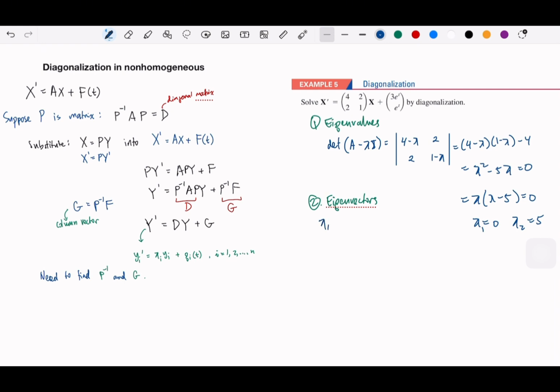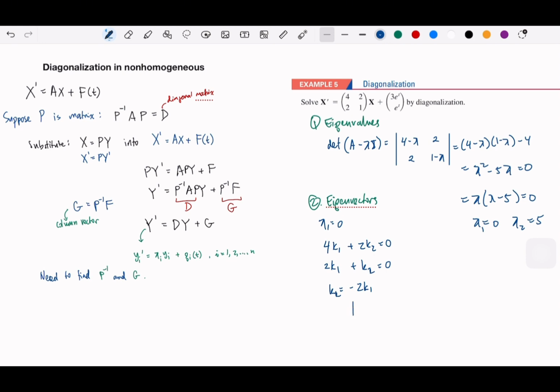So for lambda 1 equals 0, I think we can agree that this will be minus 2k1. So we can see that the ratio k1, k2 is 1, negative 2, right?